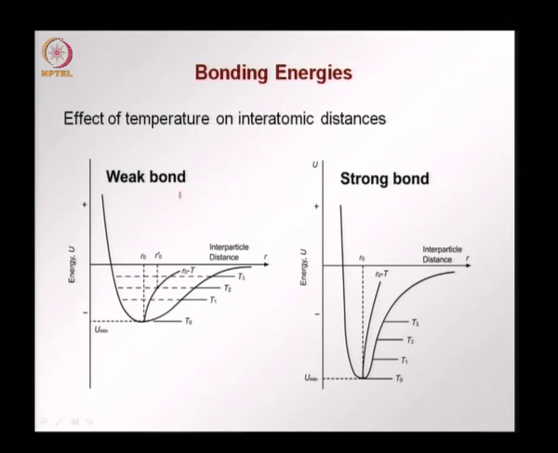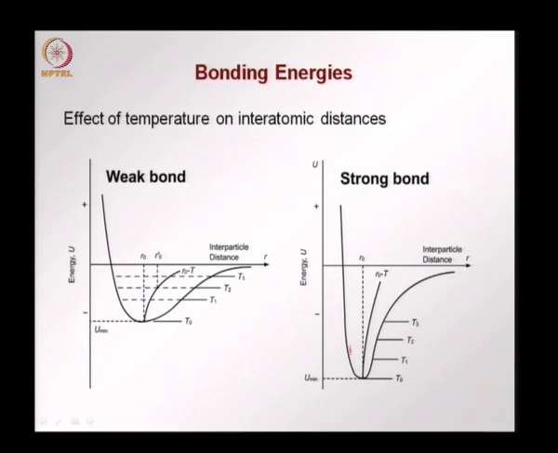And what we find is that in the weak bond, as I mentioned earlier, there is a shallower well, and you find that there is a bigger change in the interparticle separation than in a strong bond. In a strong bond, around this point there is not much asymmetry.